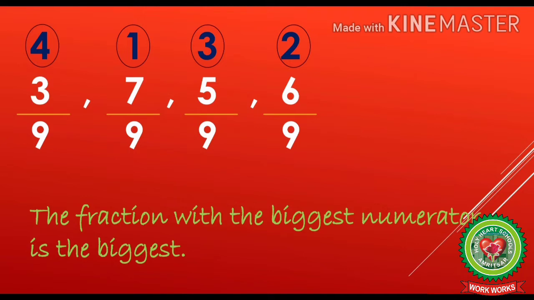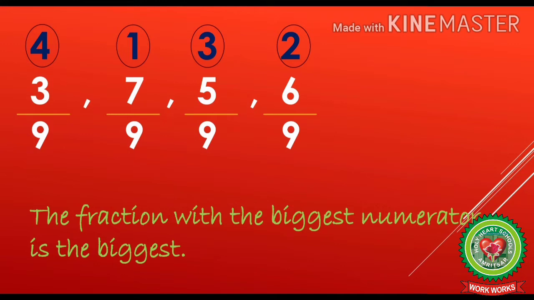So, which fraction has the biggest numerator among 3, 7, 5, 6? Yes, that is 7. That means the fraction 7 upon 9 is the biggest, number 1 in the order. Then among 3, 5, 6, which is the biggest numerator? That is 6. That means 6 upon 9 is second in the order.